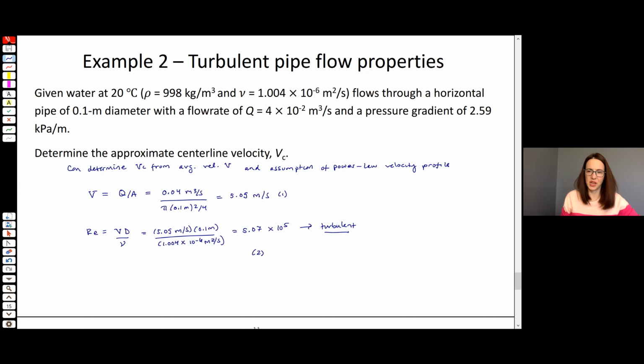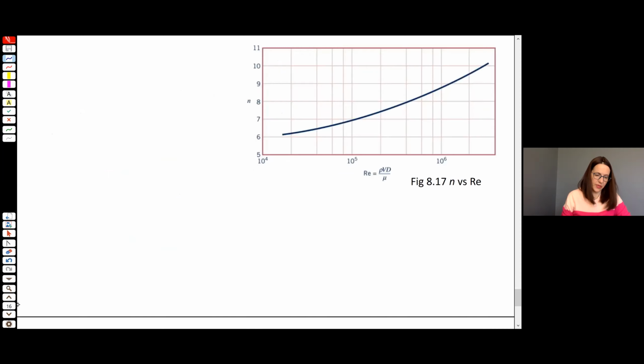And we've got a second page for this problem here. Now we need to take that Reynolds number we've calculated and go to that figure 8.17 and figure out what the appropriate n value is, that exponent for the power law velocity profile. So we've got the Reynolds number of about 5 times 10 to the 5th.